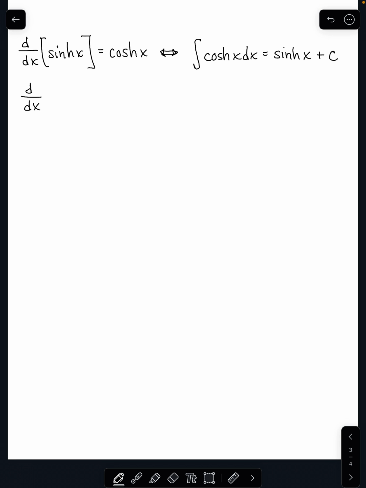Likewise, the statement that the derivative of hyperbolic cosine of x is equal to hyperbolic sine of x has the equivalent integration statement that the antiderivative of the hyperbolic sine of x dx is equal to hyperbolic cosine of x plus c.